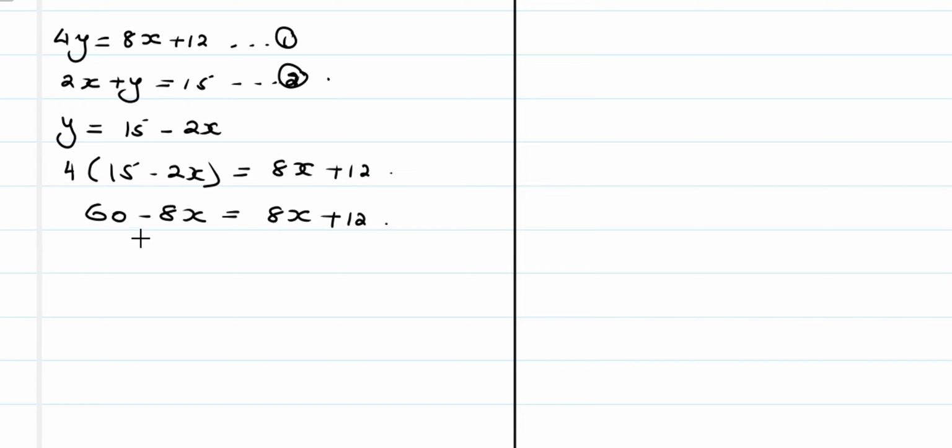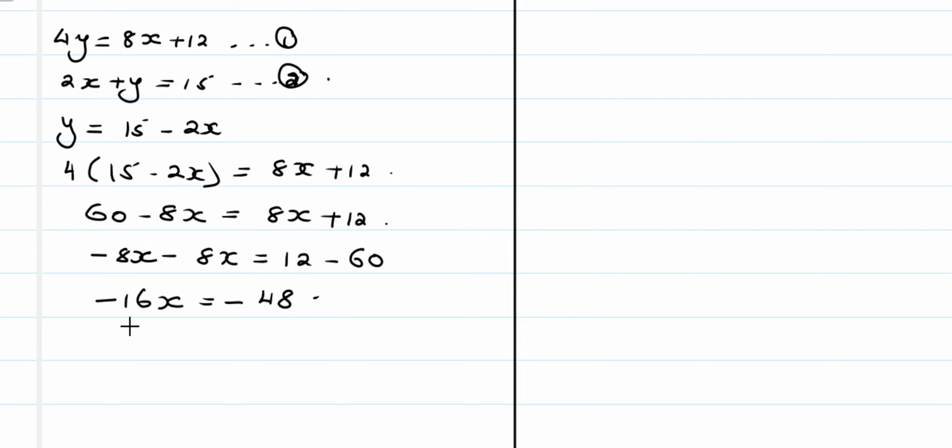Then when I take this 8x to the other side, it becomes minus 8x, and then minus 8x again, because this one was positive, is equal to this 12 minus 60, because 60 was positive. So minus 8x minus 8x is minus 16x, then 12 minus 60 is negative 48.